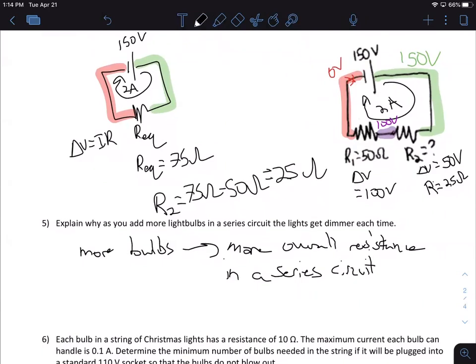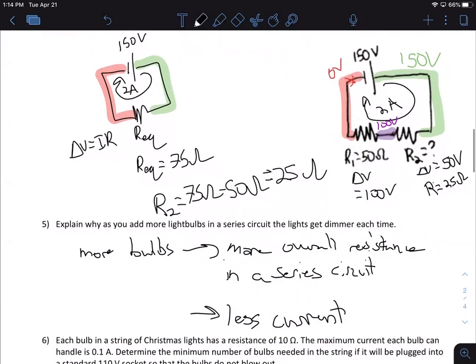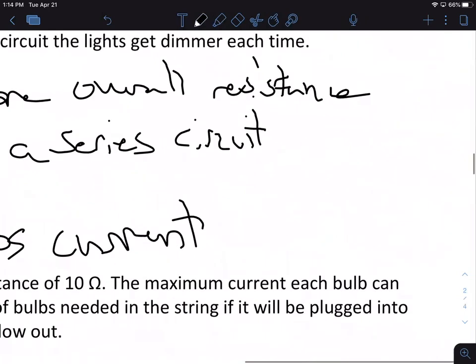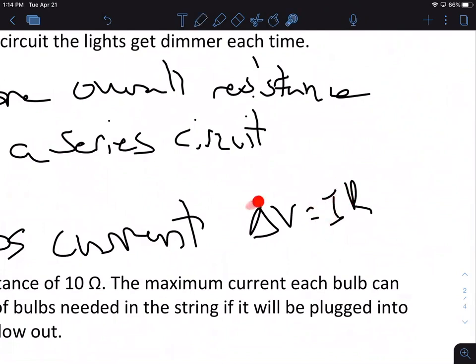If I have more resistance, I'm going to get less current. Which means if I look at the voltage drop across each bulb, well, each bulb now has less current, so it does not take away as much energy.